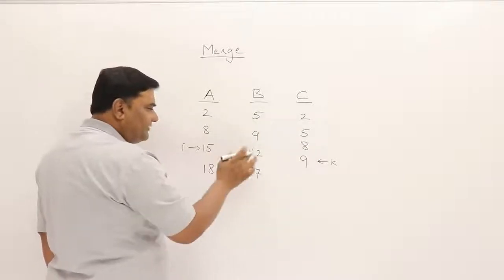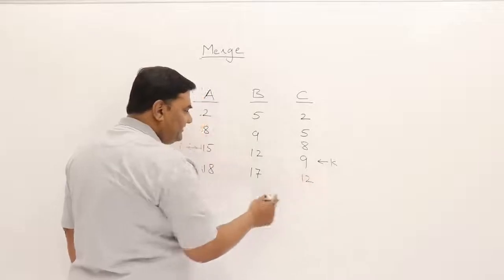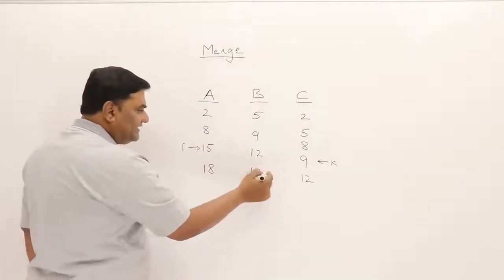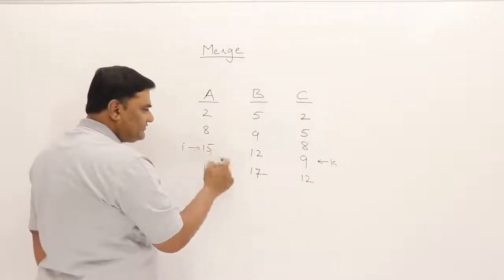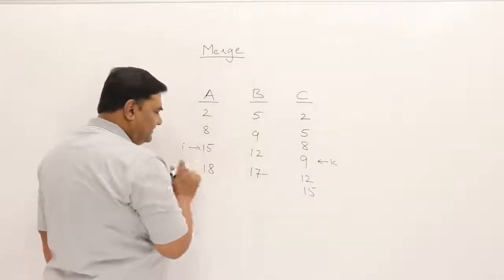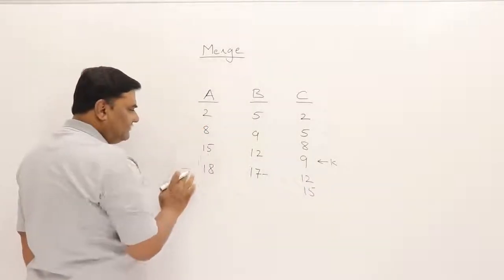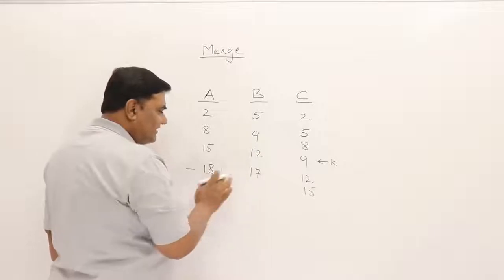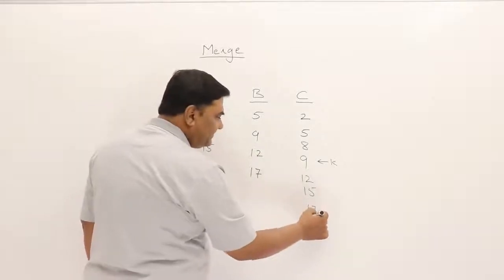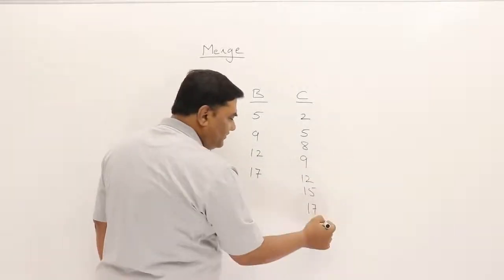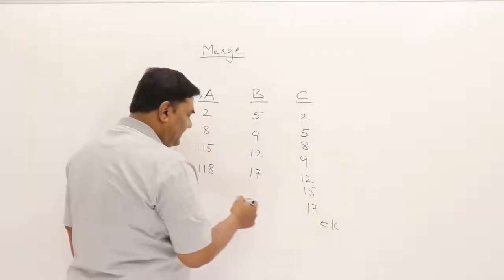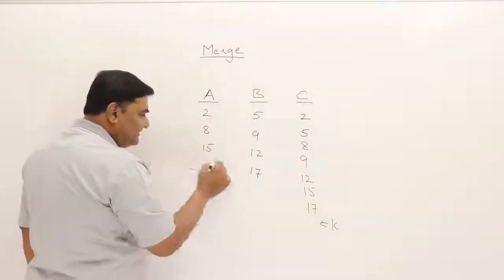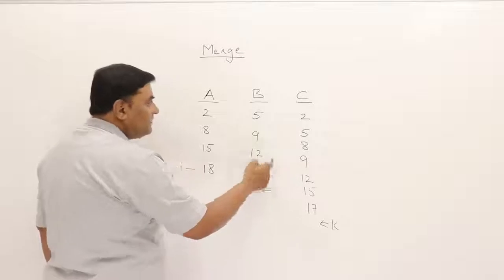Then 12 and 15, 12 is smaller, 12 is copied. Then it will move to the next one here, and 15 and 17, so 15 is smaller. Then I will move here, and these two are compared, 17 is smaller, and finally K will be on the next free space, and I is still here, J has crossed the list.